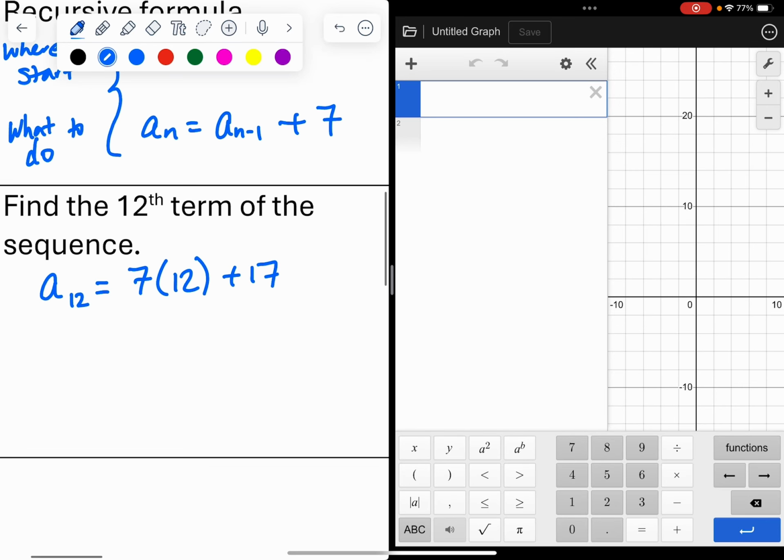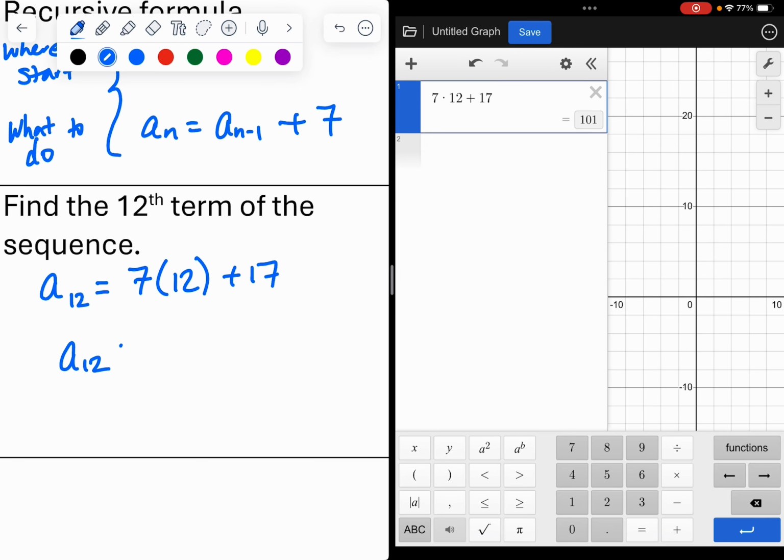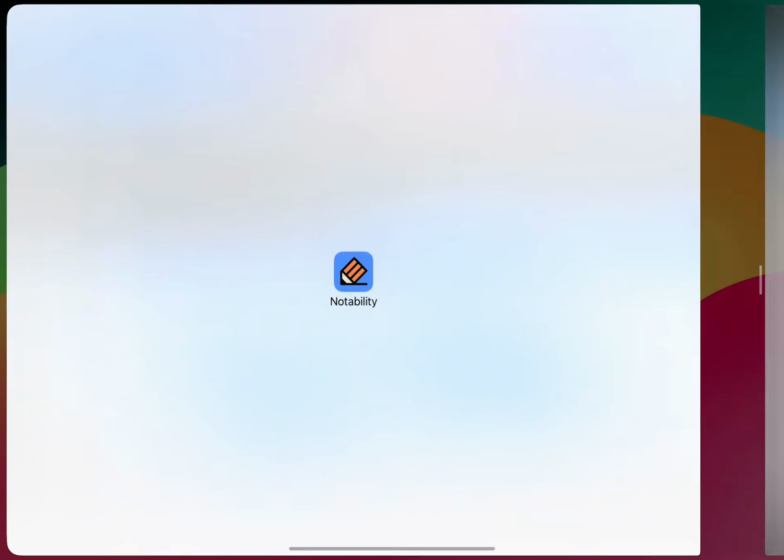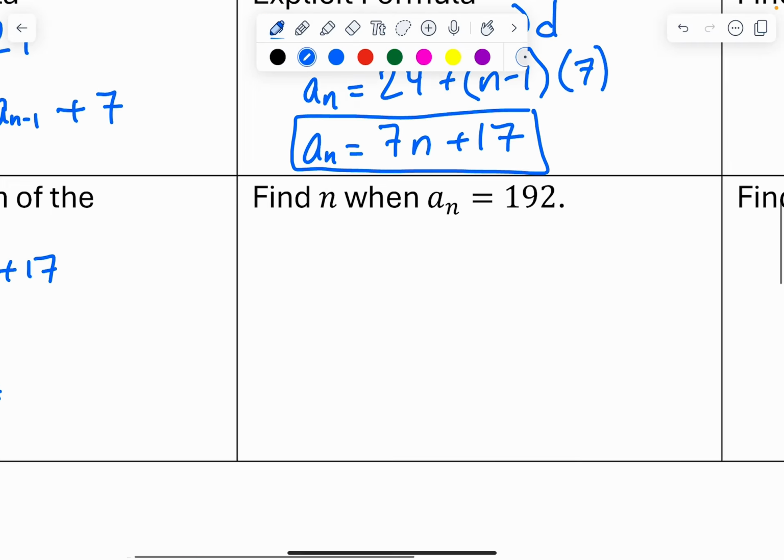And so we have 7 times 12 plus 17, and we see that the 12th term, A sub 12, will be equal to 101. So this is the 12th term. That's our input value. It's like our x, but not, and this is the value of the term, and it would be our output value.